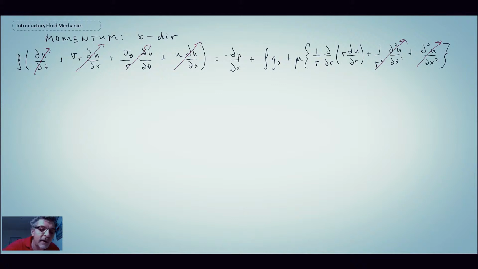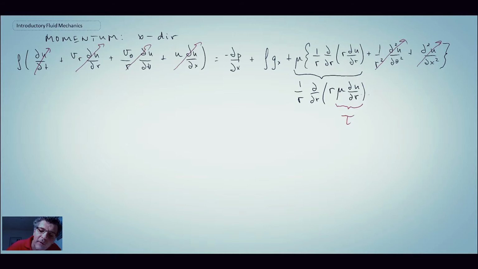Let me do a little bit of an expansion with this term before we rewrite it. I'm going to pull the viscosity inside of the derivative, because viscosity is a constant. We can do this, so I'm going to rewrite this as 1 over r partial by partial r of r mu du by dr. The reason we're doing this is because mu du by dr is tau.